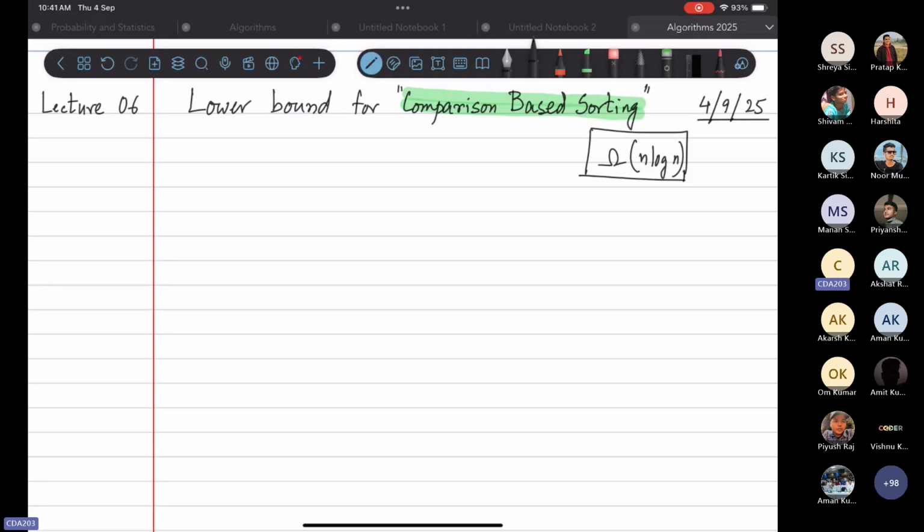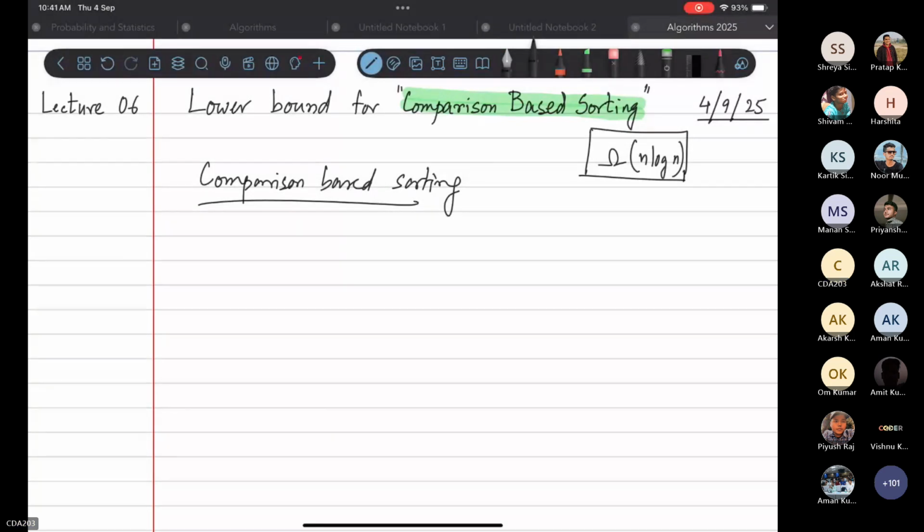The algorithms that you have seen so far are all comparison based sorting algorithms. These are the algorithms where you need to compare the objects.